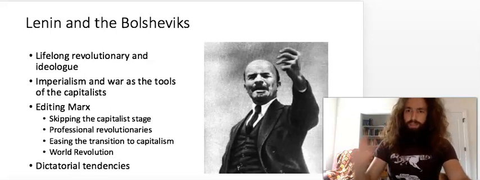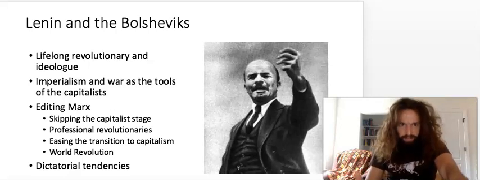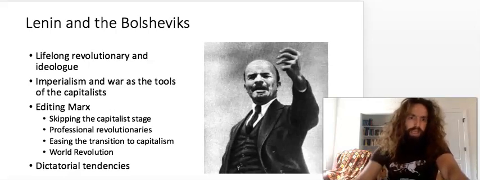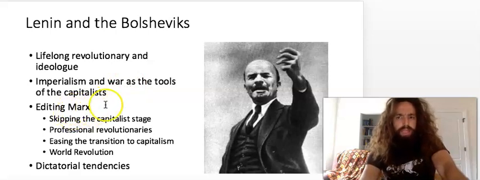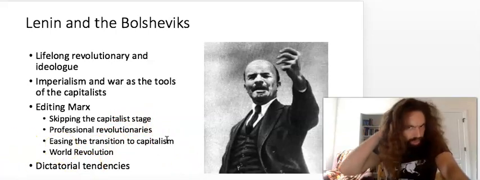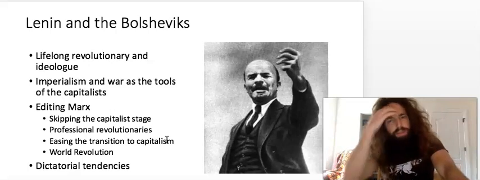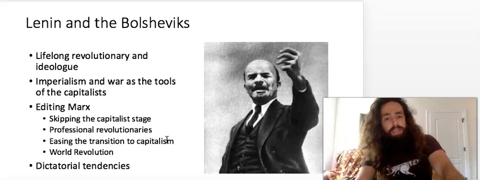Lenin was a legit political theorist, as well as a great speaker. And as I already mentioned, he believed that basically Karl Marx was wrong about saying that capitalism had to come first before communism, and that if you had a bunch of really committed revolutionaries, you could simply skip capitalism and go straight from feudalism into communism. And this was important for Lenin because Russia was nowhere near being a capitalist country.